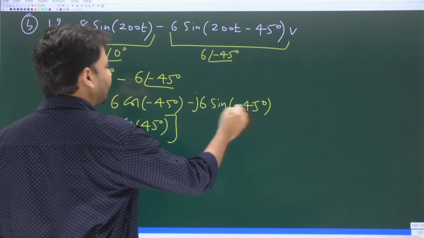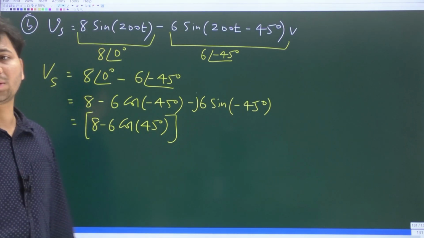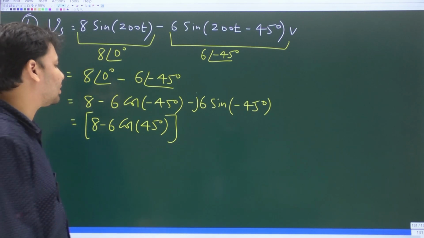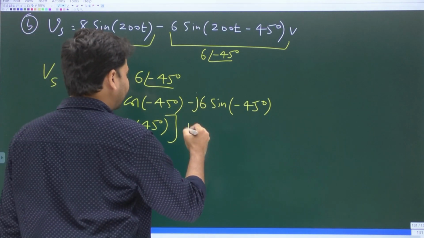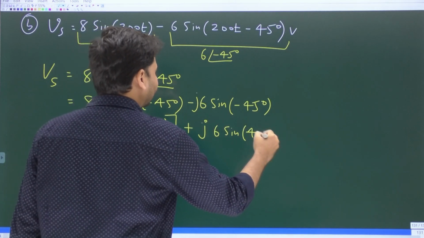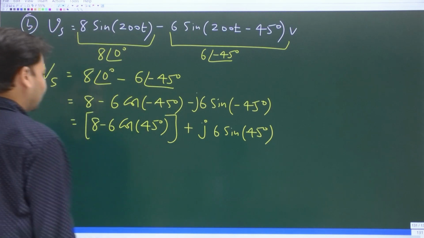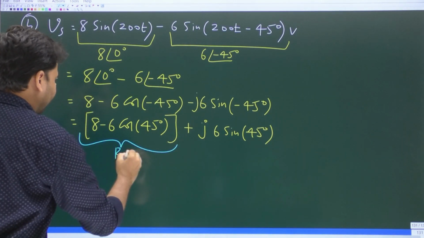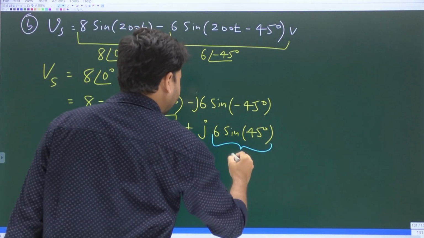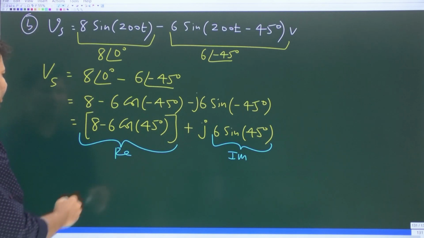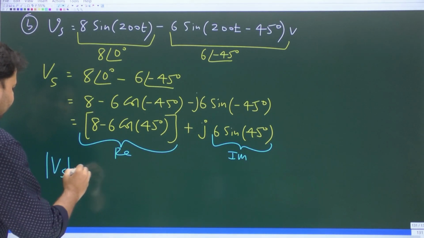And sine minus 45 degrees, is it not same as minus sine 45 degrees? Yes. Minus and minus will become plus. So plus j times 6 sine 45 degrees. That's all. This is the real part. This is the imaginary part.